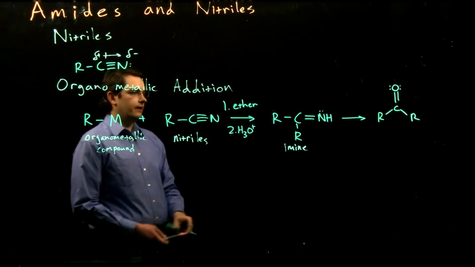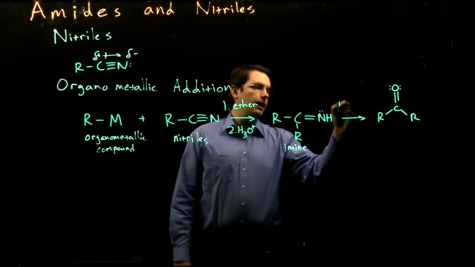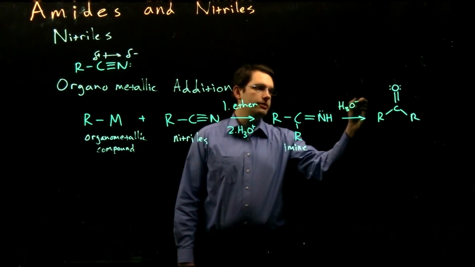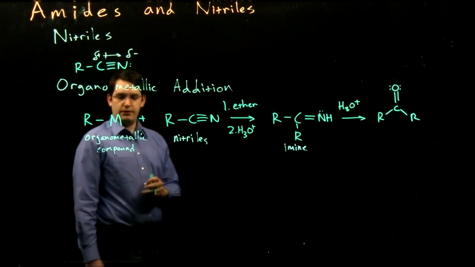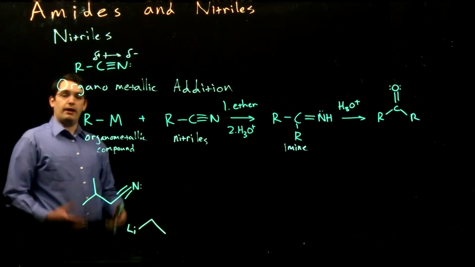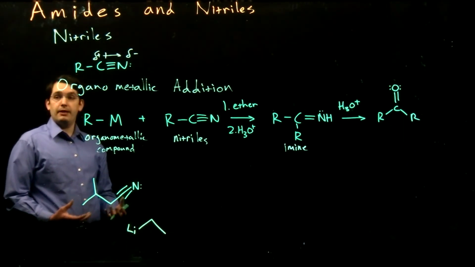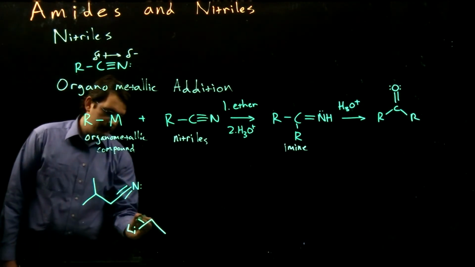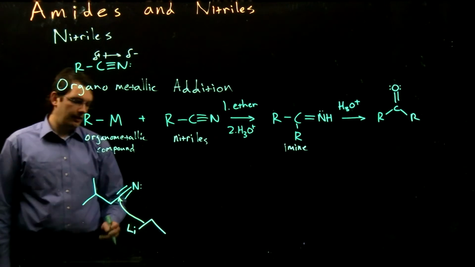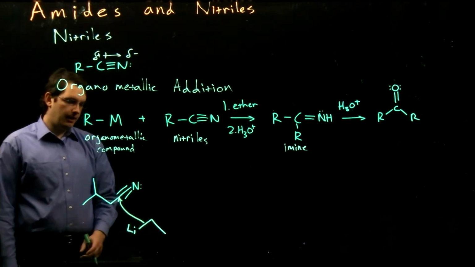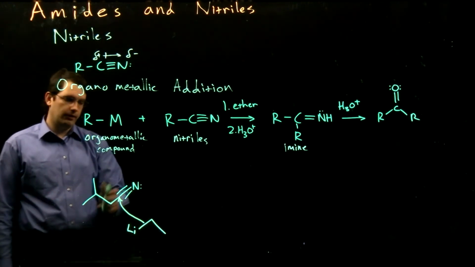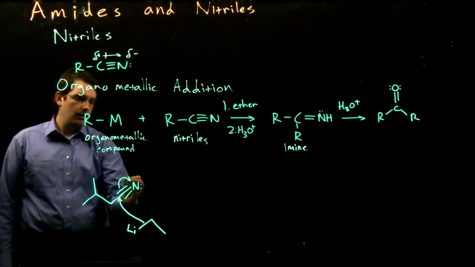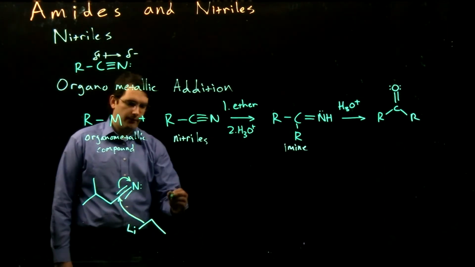So our acid ends up attacking again, and we replace our nitrogen here with our oxygen. Again, the mechanism here is going to be very reminiscent of the reactions that we saw with our carbonyls. We use the electrons of our nucleophilic bond between our metal and our carbon to attack that electrophilic carbon of our nitrile. We move our electrons out of the way.